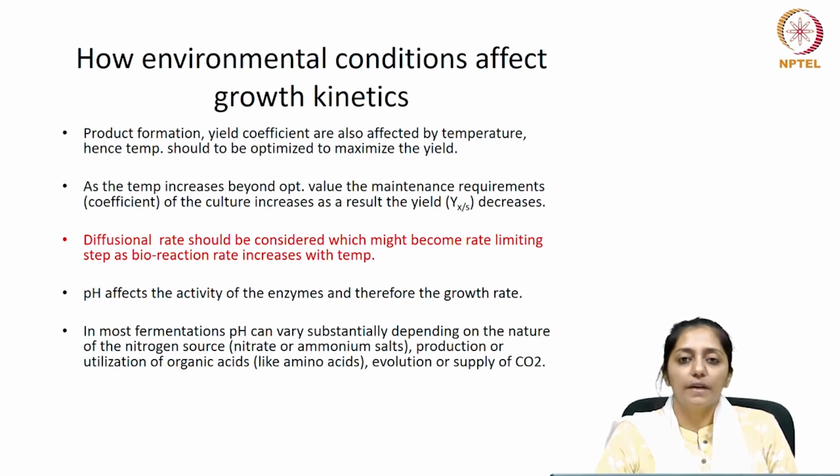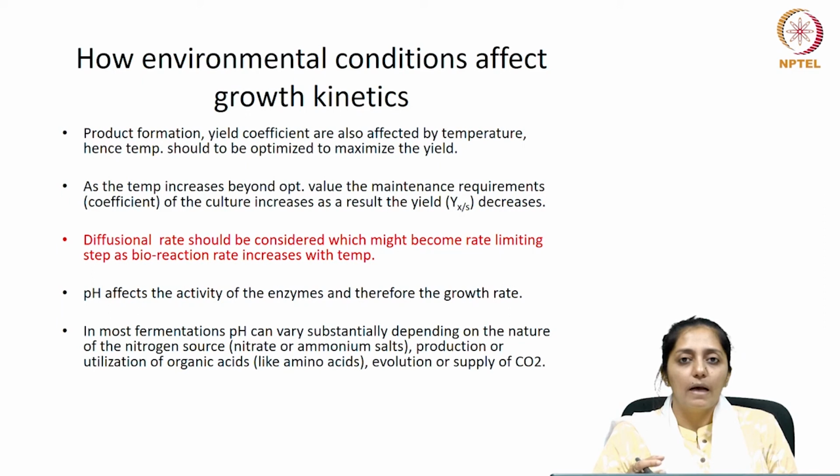The diffusional rate should be considered, which might become the rate limiting step as the bioreaction rate increases with temperature. As we know that the growth rate is a function of temperature, as the temperature increases, the growth rate will keep on improving until it reaches its optimum temperature.